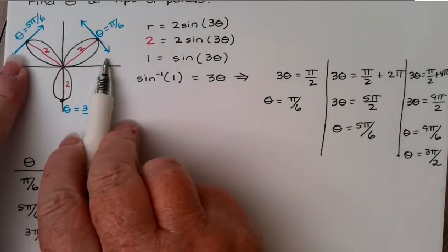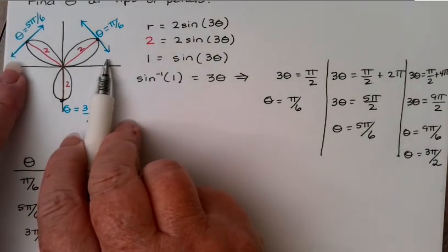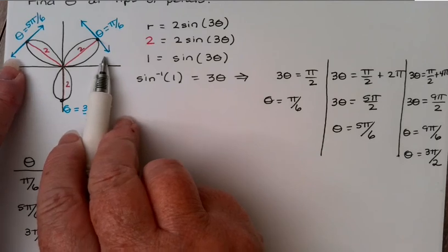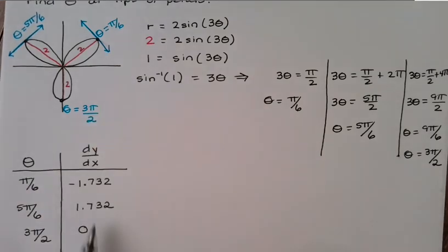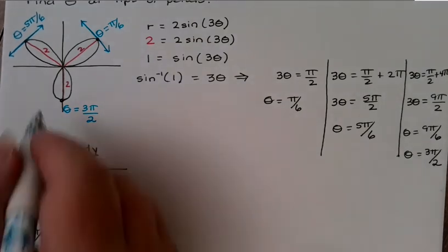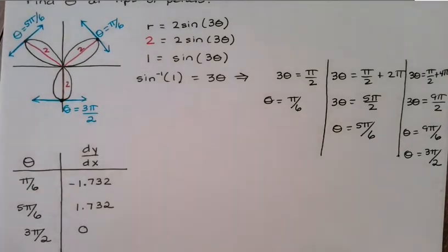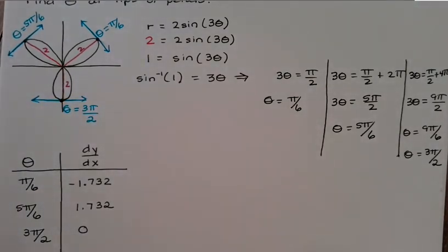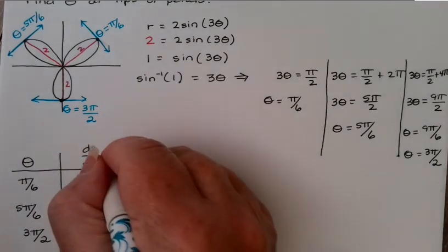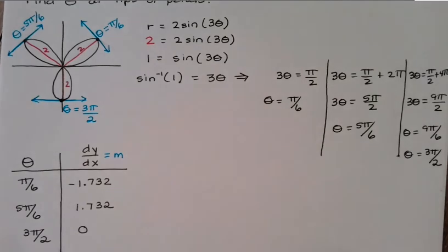With the symmetry of this rose curve, it makes sense that those slopes would have the same value, just one positive and one negative. So I'm pretty happy with those results. At 3 pi over 2, we certainly have a horizontal tangent line, and that's that slope of 0. So everything seems to be working out really well here. These are our slopes, and we're all set.